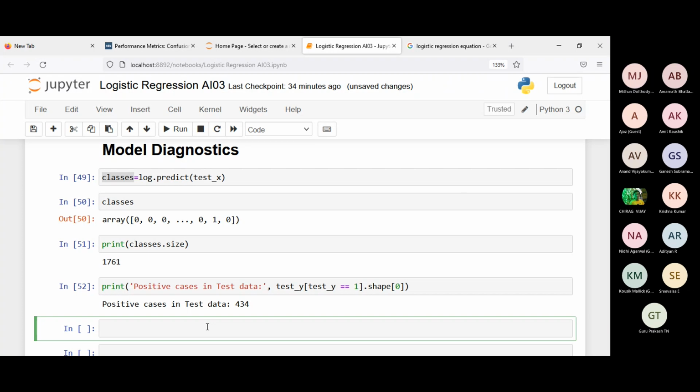So far, we are just pulling out certain numbers so that it becomes easy for us to understand. Positive cases in the test data is 434. You can see in the code test_y, and then I'm using a filter test_y equal to 1. So we are just counting the number of test cases, and shape at index 0. We'll just extract the rows.